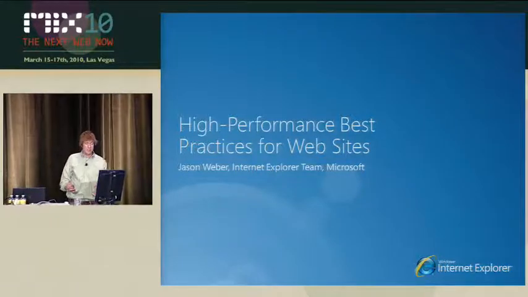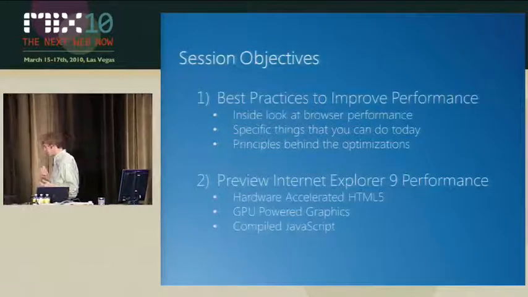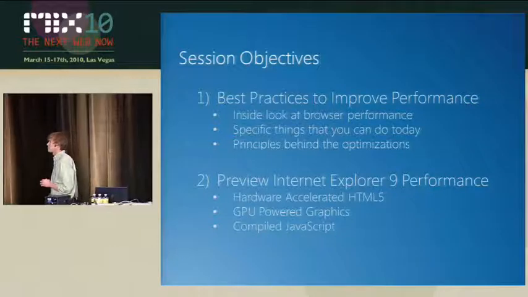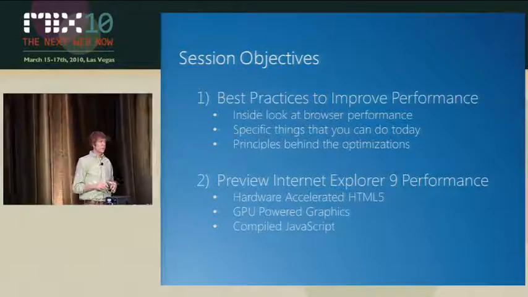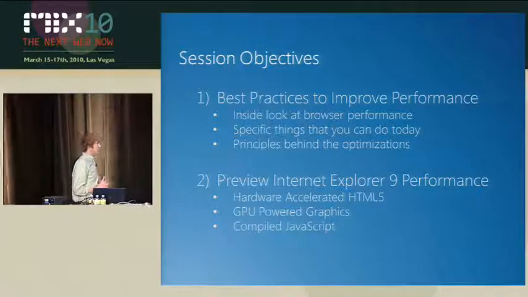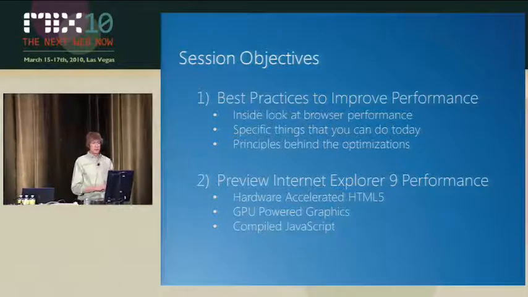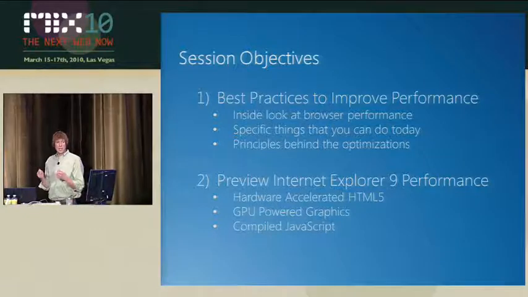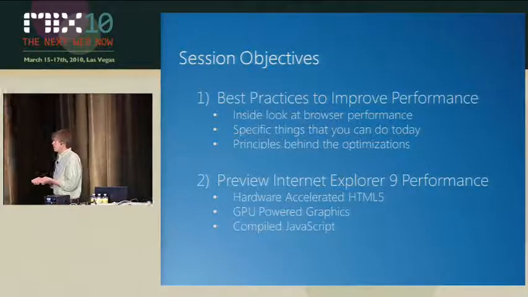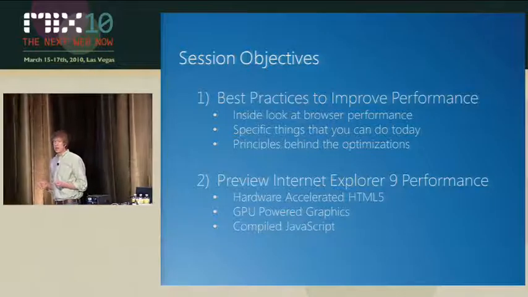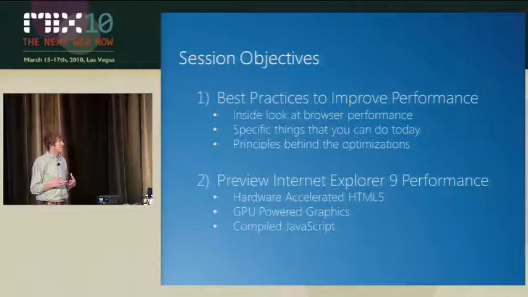Now, today, we're gonna cover two things in this session. The first is really best practices for improving the performance of your websites today. And we're going to do that by looking at really three things. We're going to start by taking an inside look at the browser. We're going to look at the subsystems that make up the browser and really look at how the browser operates.